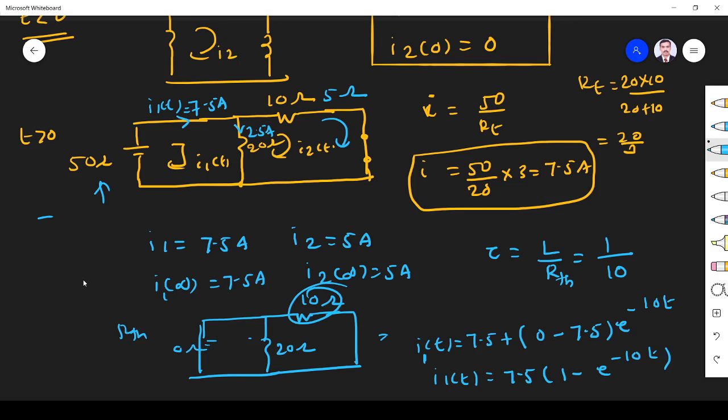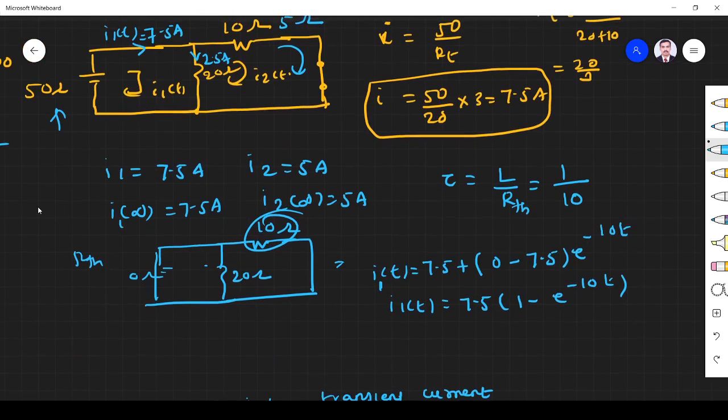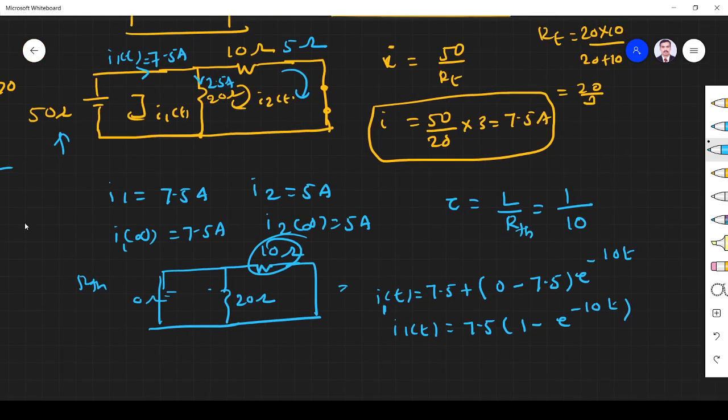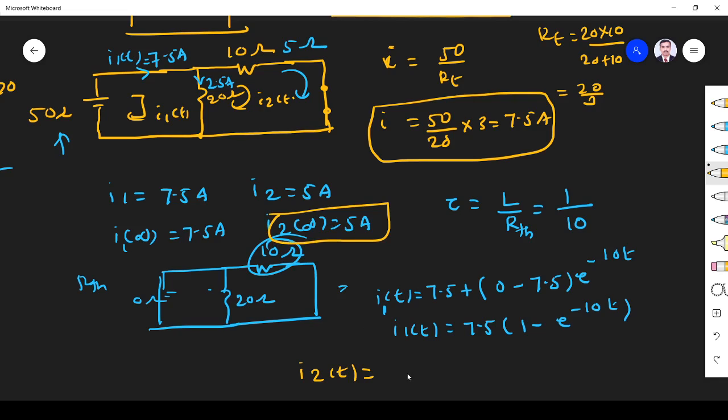Similarly, what about I2? I2 of t is given by I2 of infinity, which is 5, plus I0 0 minus I2 of infinity, minus 5, e power minus 10t. So 5 into 1 minus e power minus 10t. This is I2 of t.